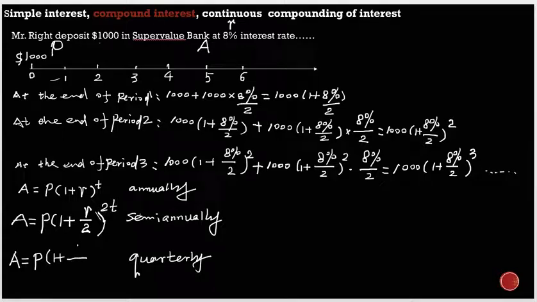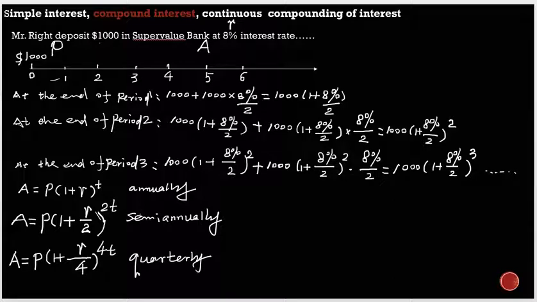The annual interest rate is R. The quarterly interest rate is R divided by 4, because 1 year has 4 quarters. T years, how many quarters does T years have? 4 times T.